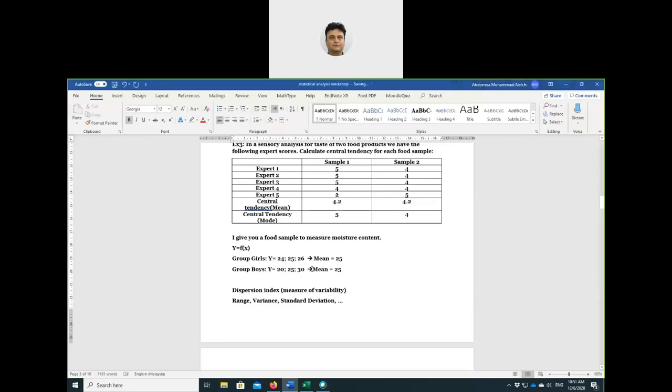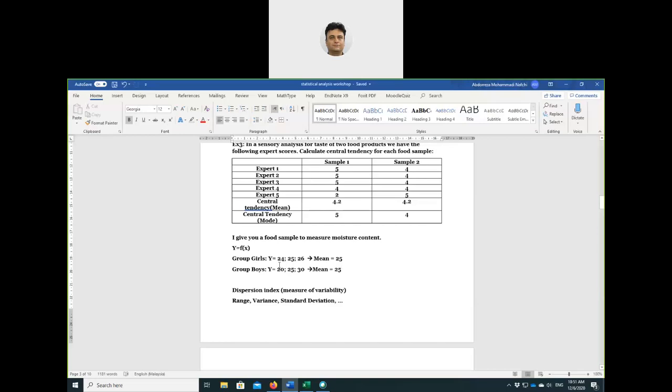So when I report 25 for this data and 25 for this data as a representative, is it fair? Please reply to me in the chat box. Is it fair, and is it exactly showing the real data?